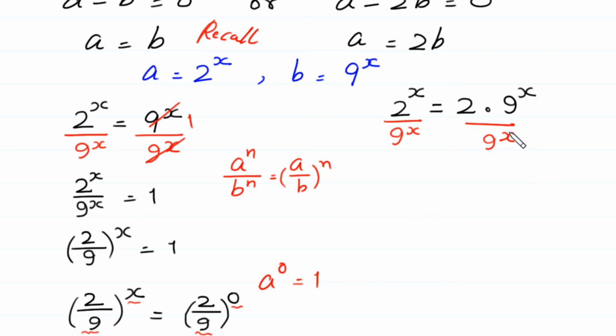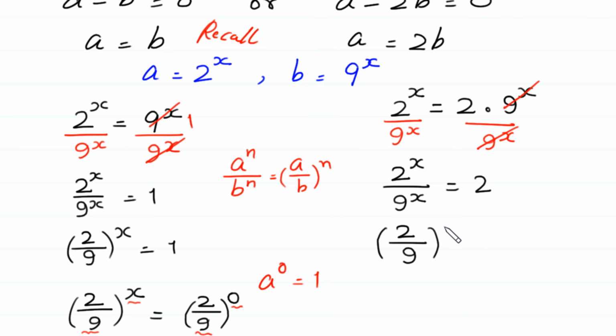This 9 to the power x will be cancelled with this 9 to the power x, and here left 2 to the power x divided by 9 to the power x is equal to 2. Now according to this property of exponents, we can write this 2 to the power x over 9 to the power x as 2 over 9 whole to the power x is equal to 2.